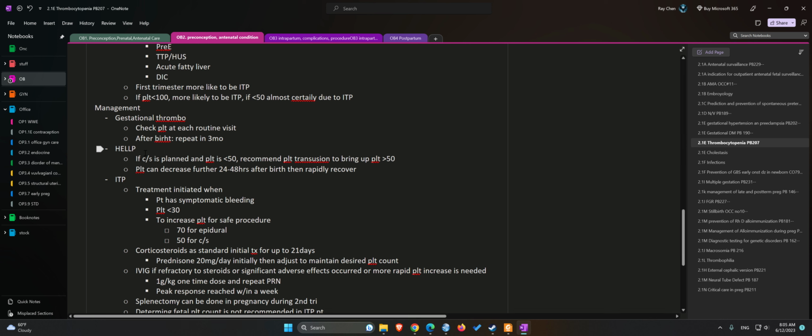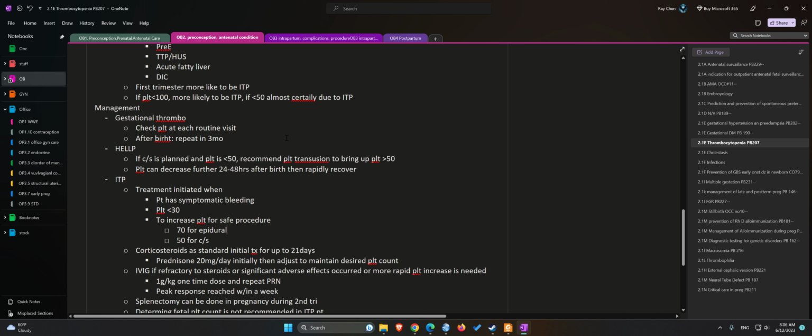ITP. Again, treatment is initiated if the patient has symptomatic bleeding, if the platelet is less than 30, or if we're trying to increase the platelet for safe procedure, which is 70 for epidural and 50 for C-section.